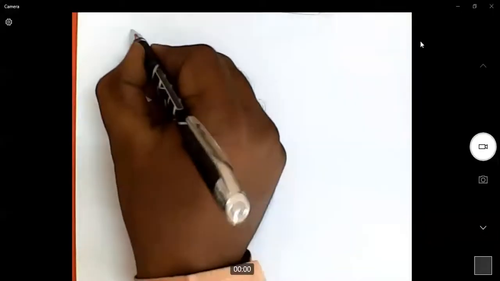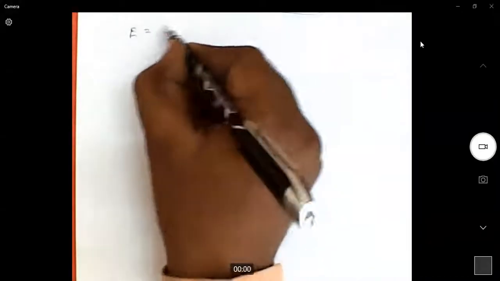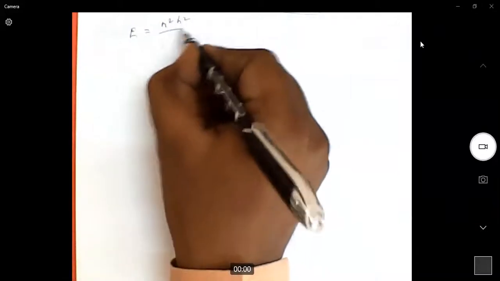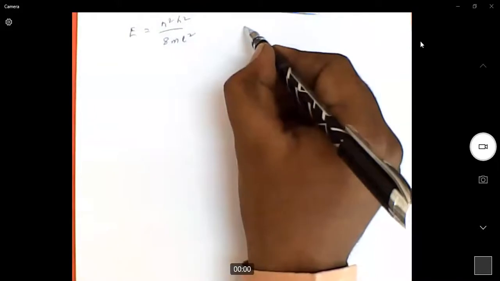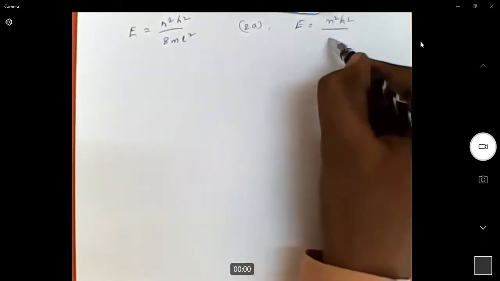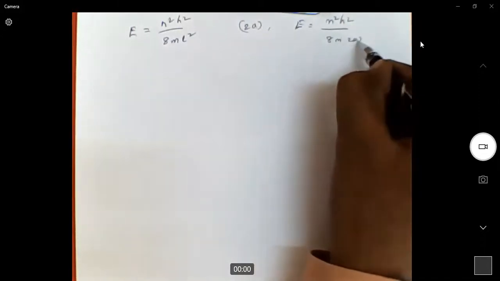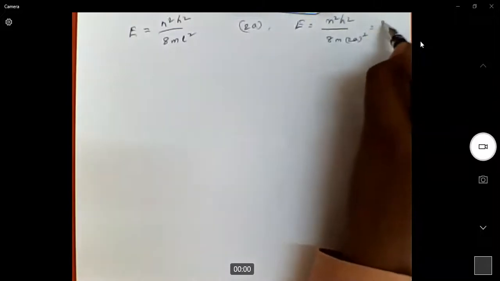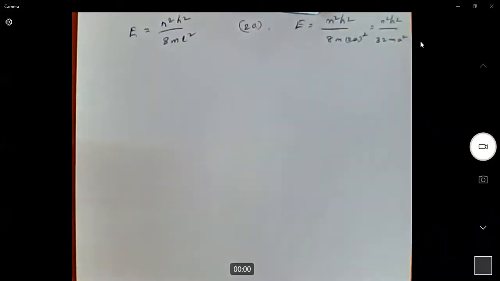We have derived the energy expression E is equal to n squared h squared by 8 m L squared. As I said, if the box length is 2a, then the energy expression becomes n squared h squared by 8 m (2a) whole squared, nothing but n squared h squared by 32 m a squared.